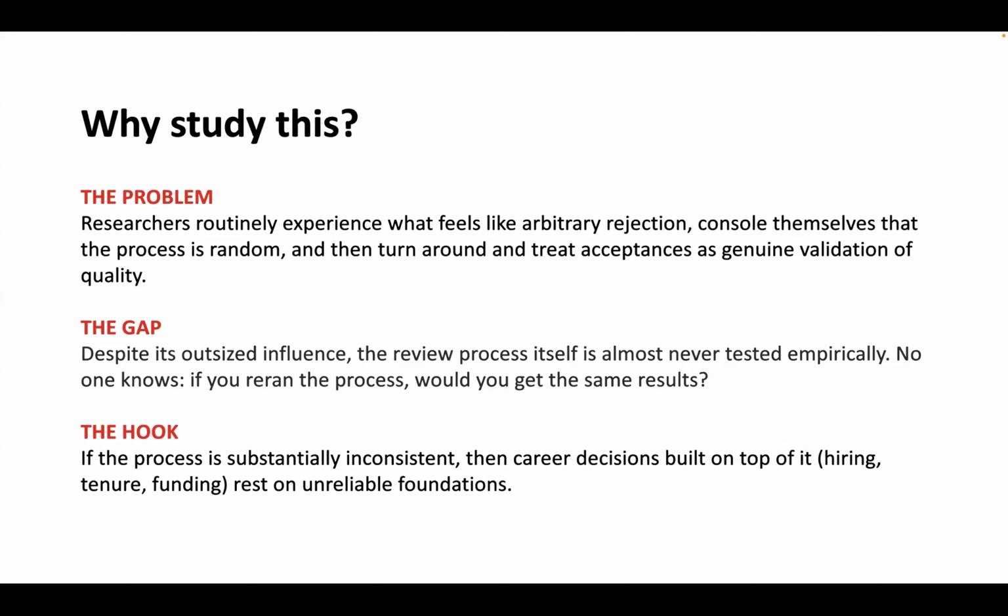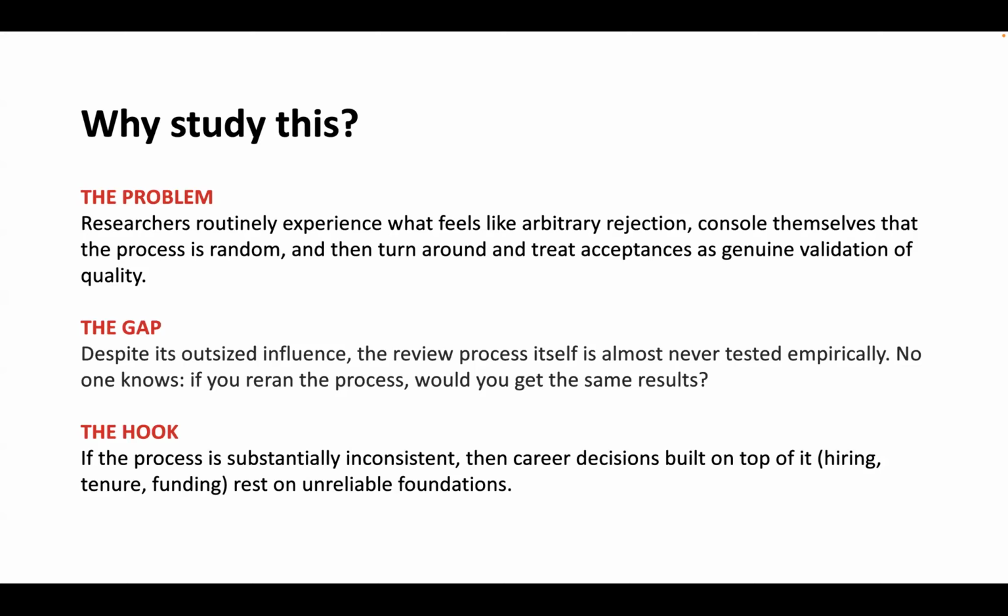Now the gap is that despite all the influence that the peer review process has on academia, the process itself is never tested empirically. Like this question was not asked, and this was the study in 2014, I think. What would happen if the same process is run again, or if we change the entire community, keeping the expert distribution the same, would we get the same level of acceptances and rejections?